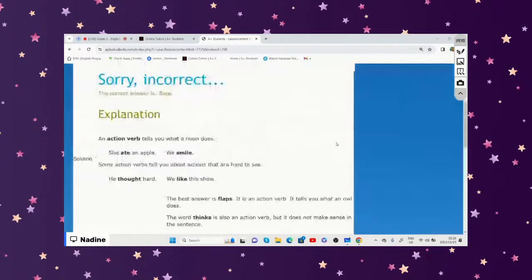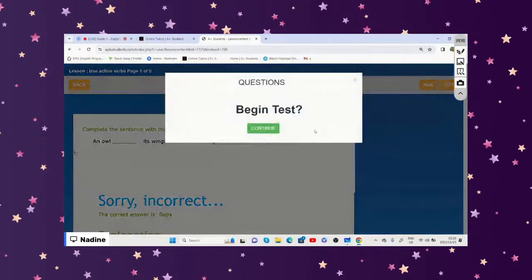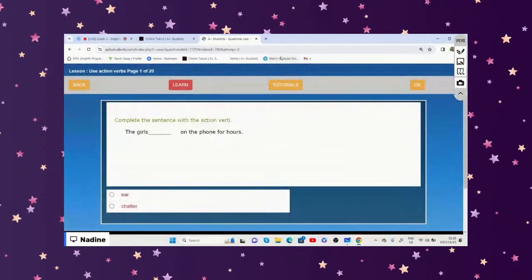All right, so now we're going on to our test. We're going to have to complete the sentence with the correct action verb, the correct doing word, right? By choosing the correct answer, either ear or chatter. The girls on the phone for hours.